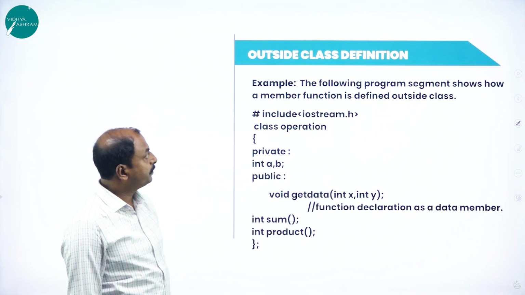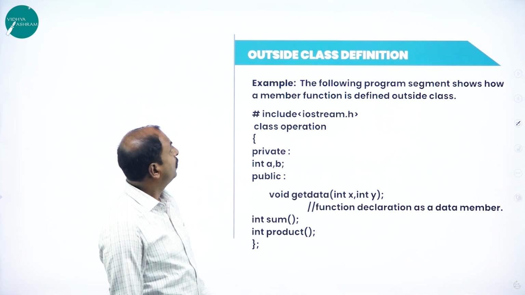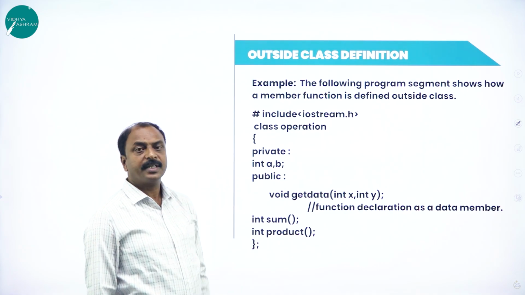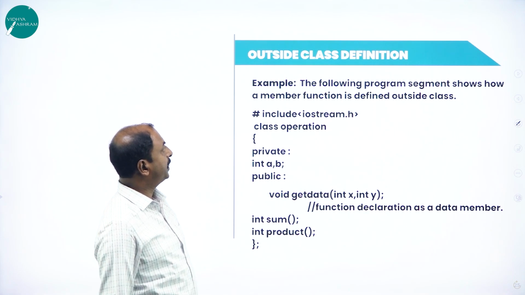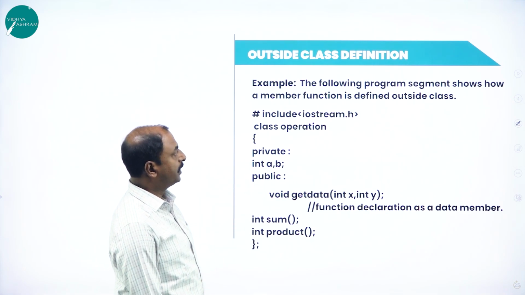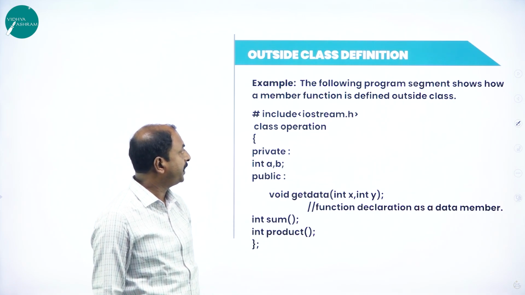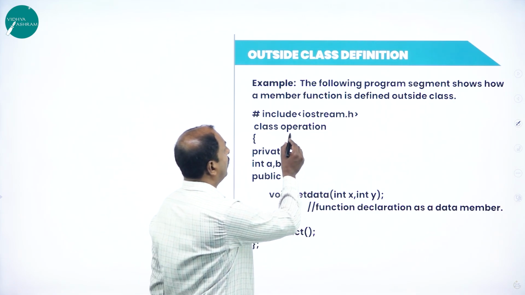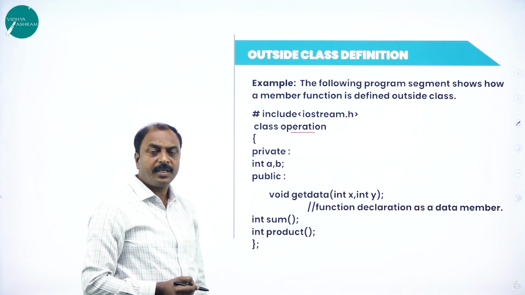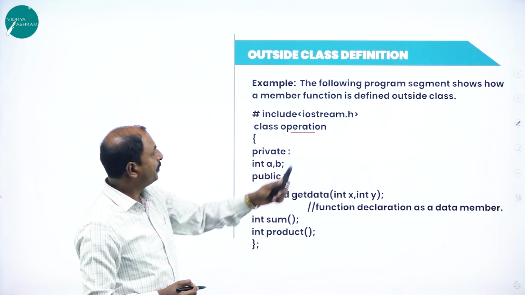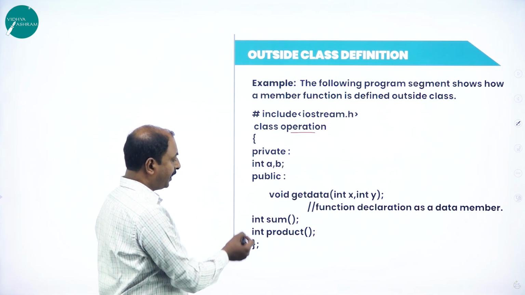So this is the syntax to define a function outside a class. Now let us see a simple program to work with a definition outside the class. Here, this is an example. The program as usual starts with the header file iostream.h, and here class operation. We are defining a class, class operation, open the bracket and close the bracket.